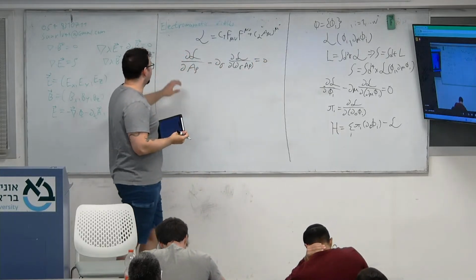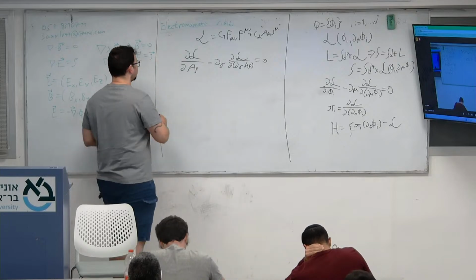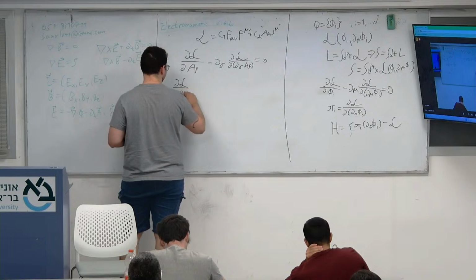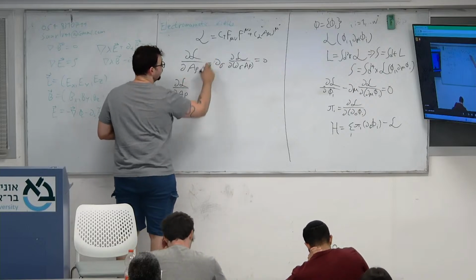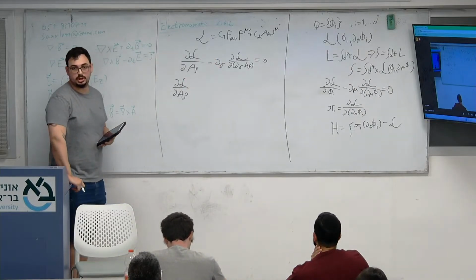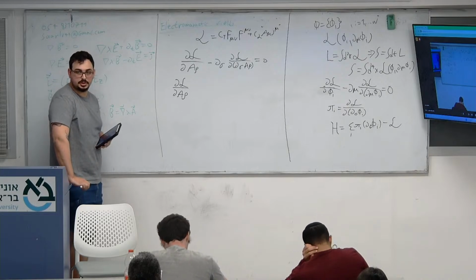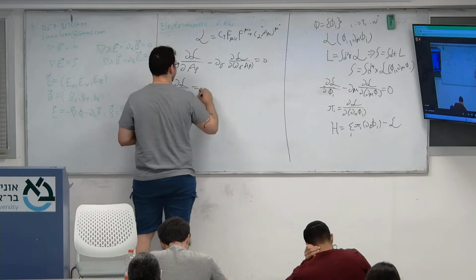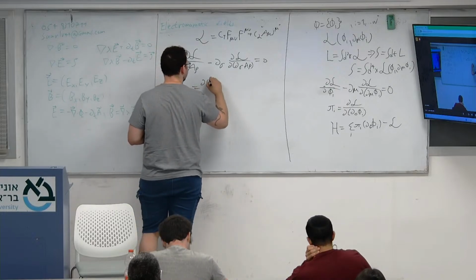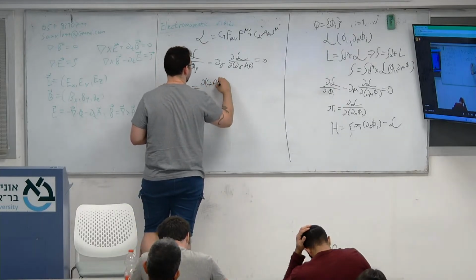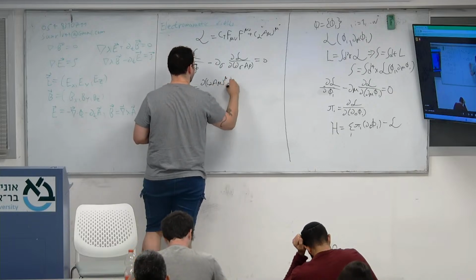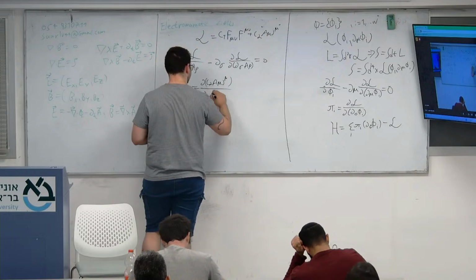Let's start with a simpler term first. Both F's, as we wrote before, are derivatives of the potential field, so the first term is ignored. And we just have the C2 A mu J mu, with derivative with respect to A rho.